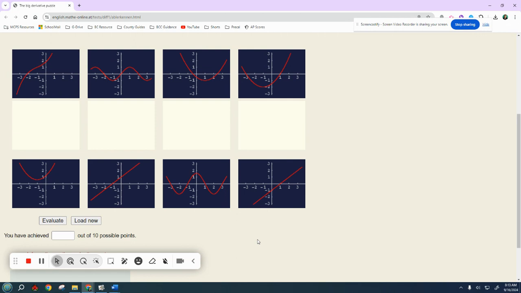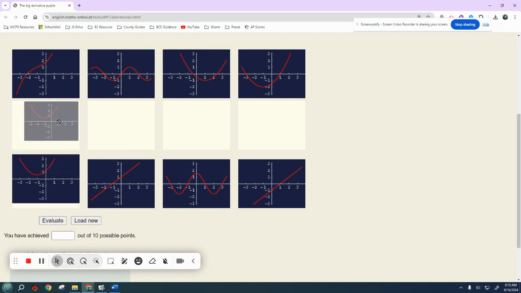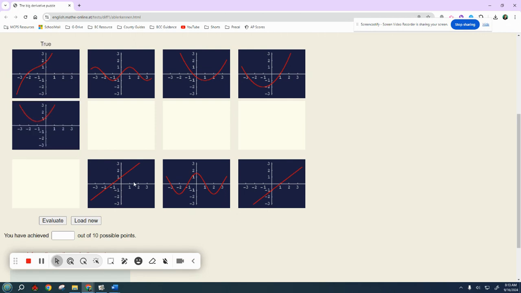Sadie, do you see one? The first one on the top and the first one on the bottom. Why? Because the slope is always positive, because it never goes negative. So the derivative is always going to be above the y-axis, or x-axis, that is.